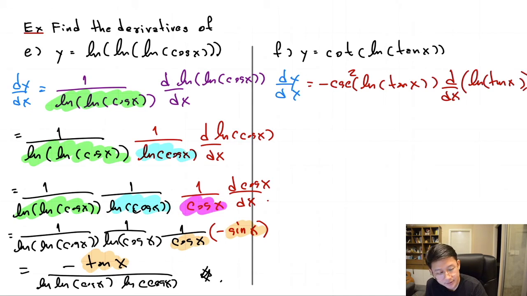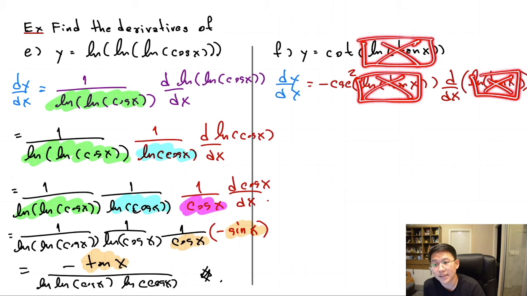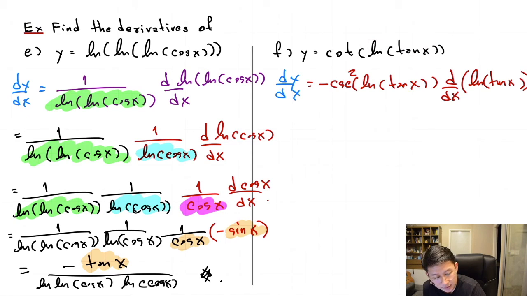Okay, so here guys is cot of big X. So from the formula, d cot is minus cosec squared. So we have minus cosec squared. And then we differentiate the big X by dx. And again guys, this is done.